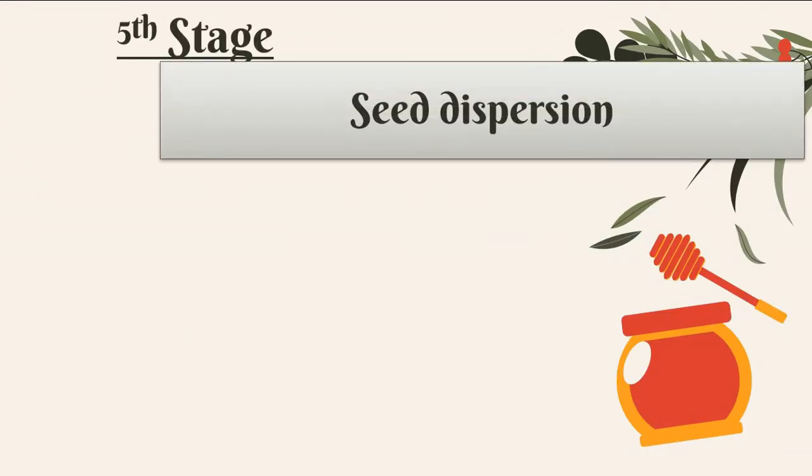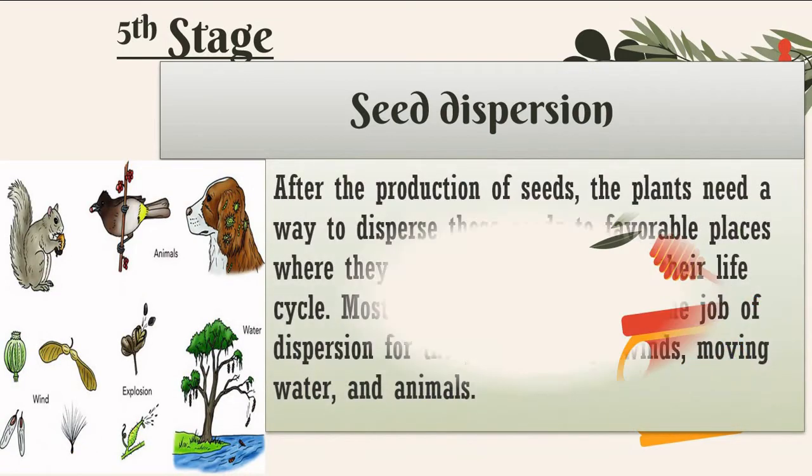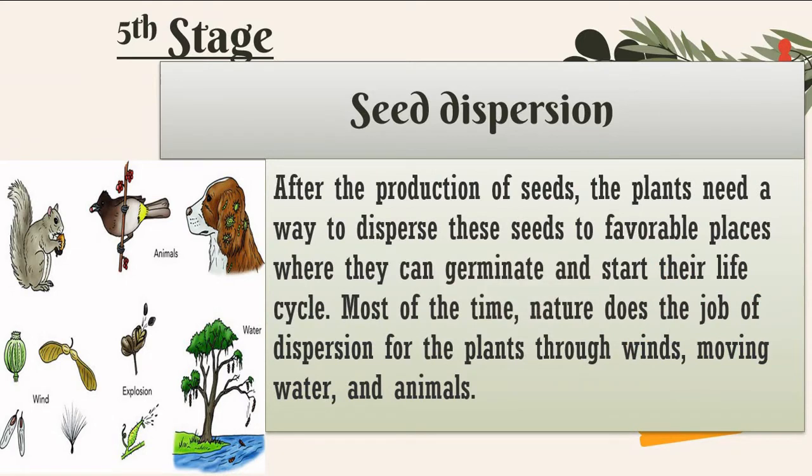We have the last stage, seed dispersion. After the production of seed, the plants need a way to disperse these seeds to favorable places where they can germinate and start their life cycle.